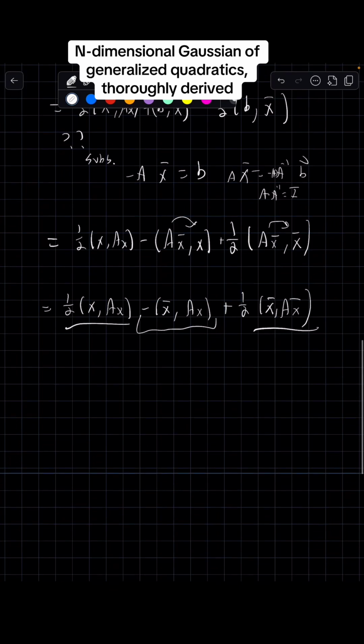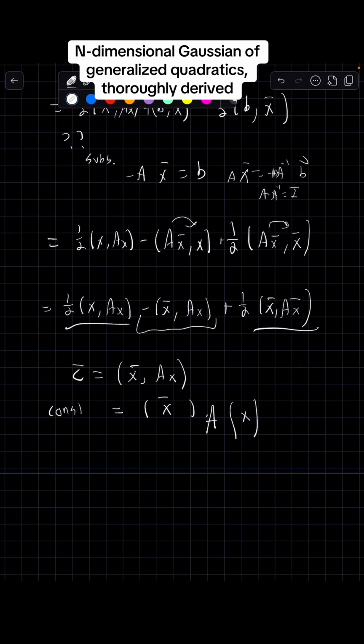Let a constant c bar equal x bar A x. And this is just some vector x times A times some vector x, which means we know it is a constant by linear algebra.